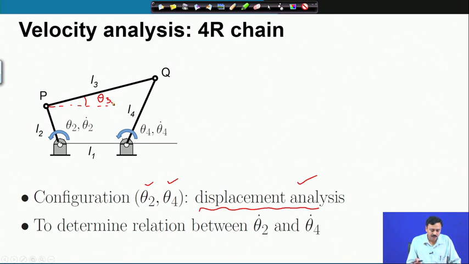If theta 2 is given, I can find out theta 4 and theta 3, or if the output angle theta 4 is given, I can find out theta 2 and theta 3. The problem now is to determine the relation between theta 2 dot and theta 4 dot. That is the velocity analysis problem.